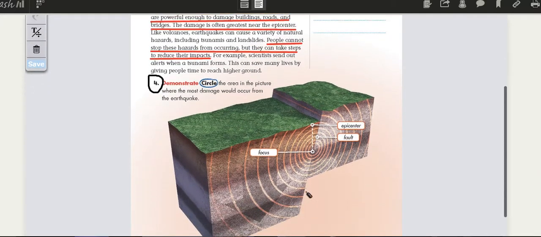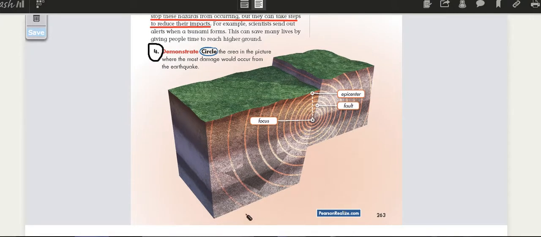If we look at this picture in your book, page 263, we can notice three important terms for an earthquake. First of all, we can see that this is one plate of the Earth, and this is the other. So obviously there is a crack between them. This crack is called the fault. If you look here at the labeling, we can see that this crack between these two pieces of Earth's crust is called a fault.